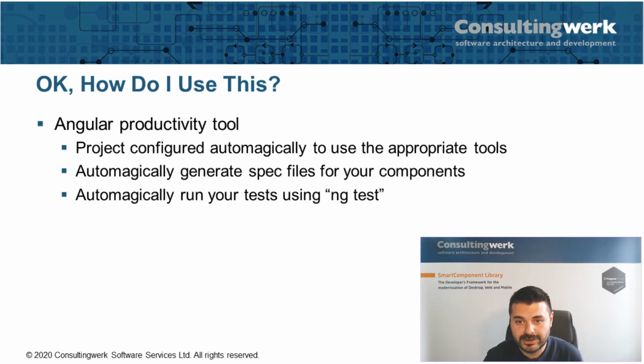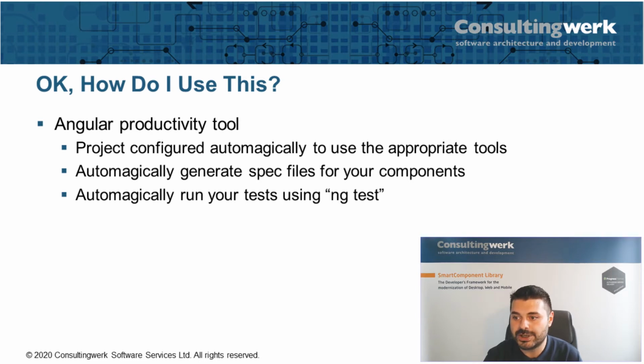So how do we use all of this? Well, we use it through the magic of the Angular productivity tool, which is the ng CLI tool. So the project is automatically configured to use the appropriate tools if you have used the Angular CLI to scaffold it.